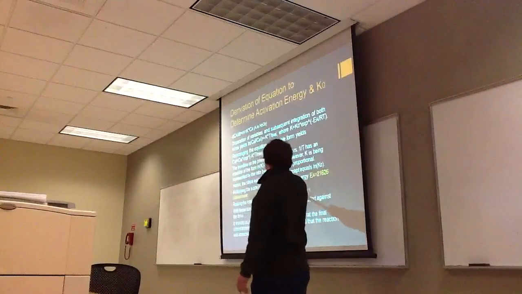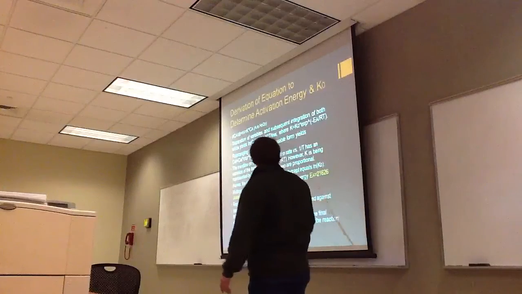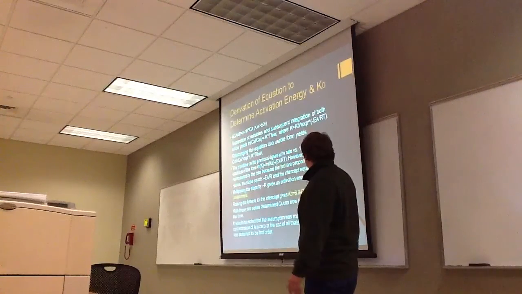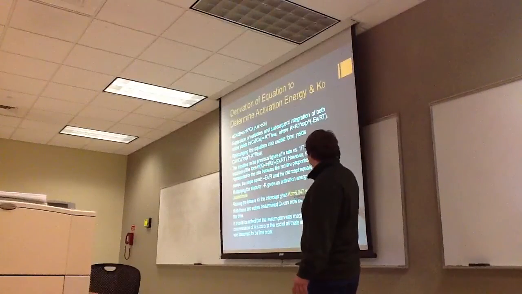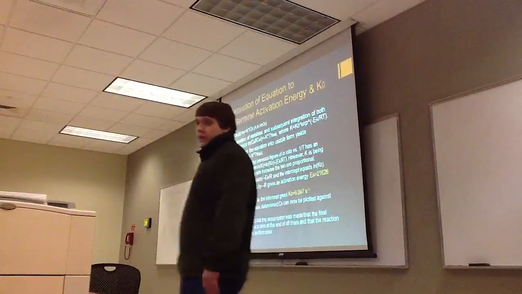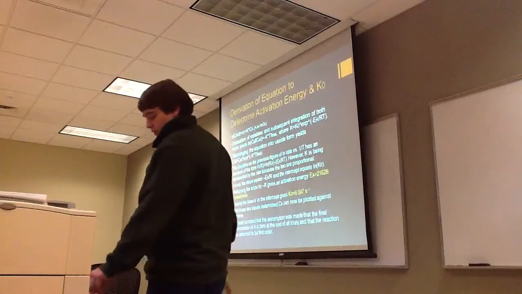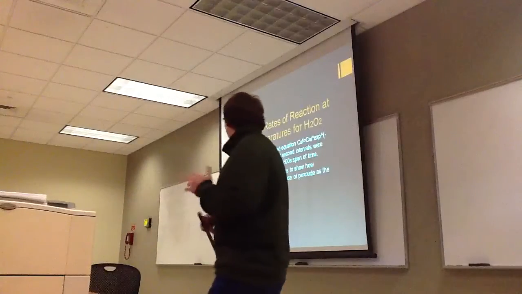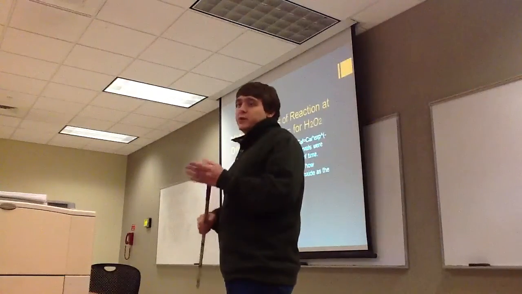If I'm multiplying this by negative R, you get an activation energy, and by raising this to the base E, you're going to get K0. And with those two values, that's really all we need from that graph to move on to the next part, which is modeling the rates of reaction at different temperatures.